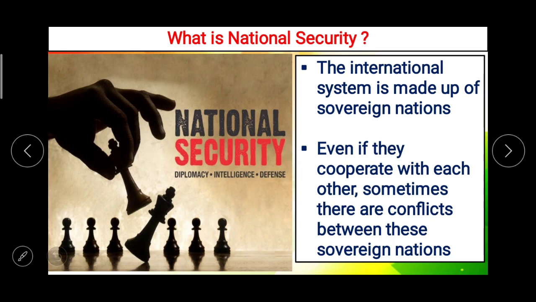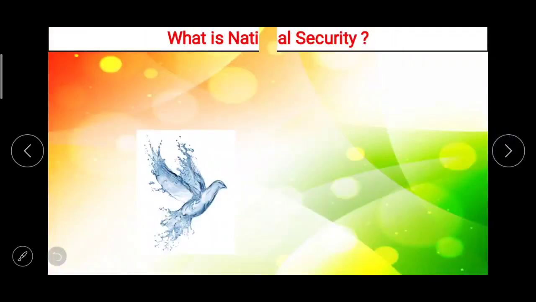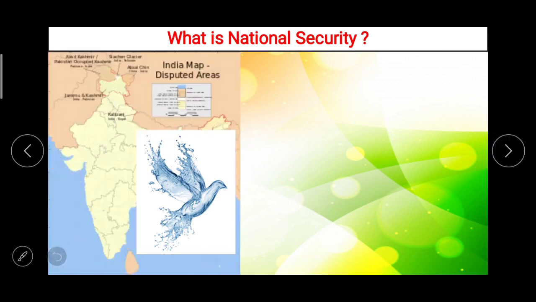The international system is made up of sovereign nations, and even if they cooperate with each other, sometimes there are conflicts between these sovereign nations. And these conflicts may be due to different things. There are disputes between nations over boundaries, or sometimes it may be due to other reasons.